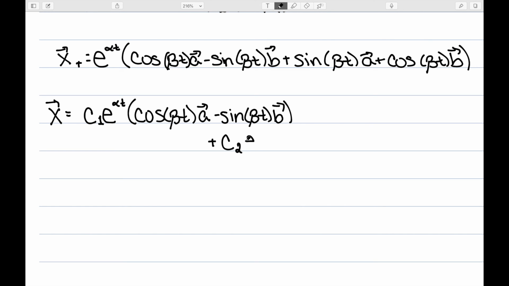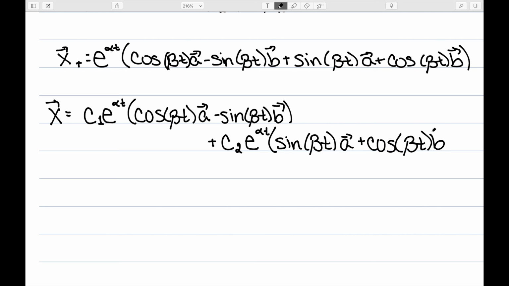But then I would have c2 e to the alpha t times sine beta t a plus cosine beta t b. So this is my general system and my general solution whenever I have a system of differential equations with complex eigenvalues and eigenvectors.